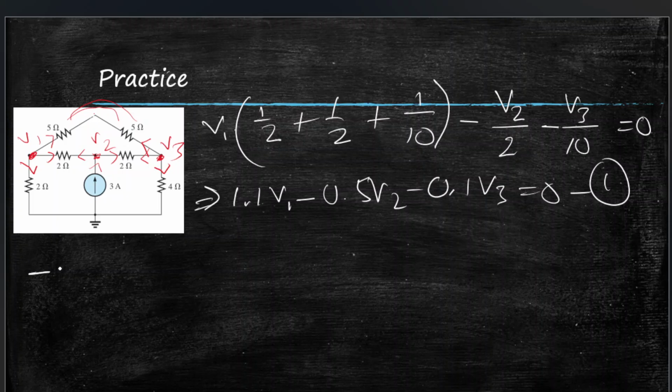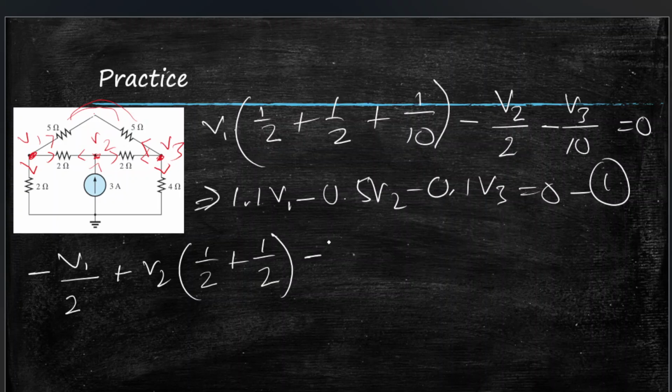Now for V2, again first we bring in V1. So minus V1 over 2, then plus V2 times (1 over 2 plus 1 over 2), then minus V3 times 1 over 2, one from this one and one from here, because there's only 2 ohms between V2 and V3.